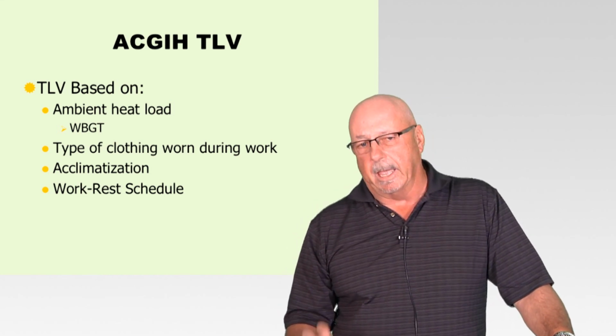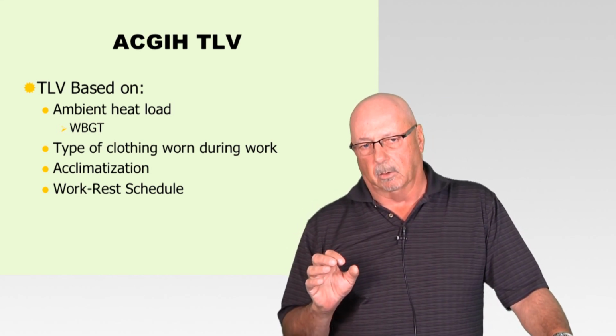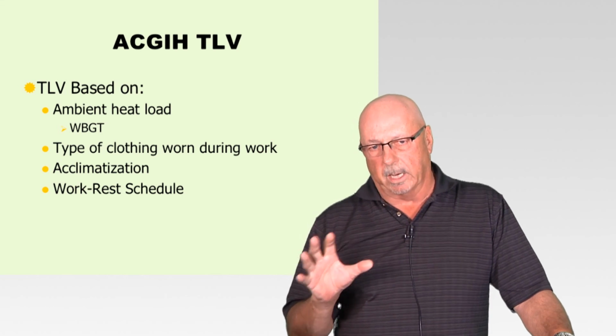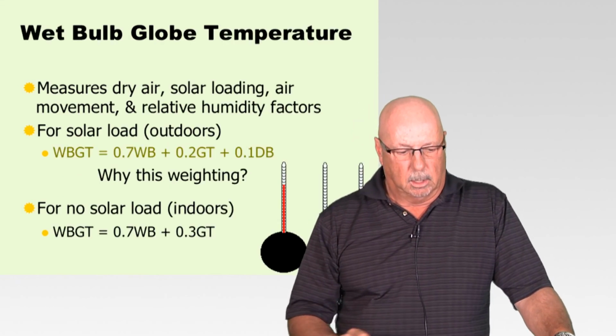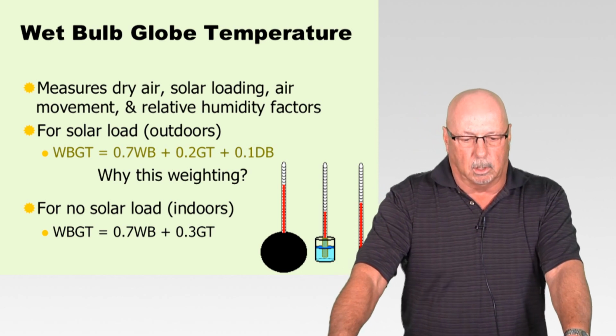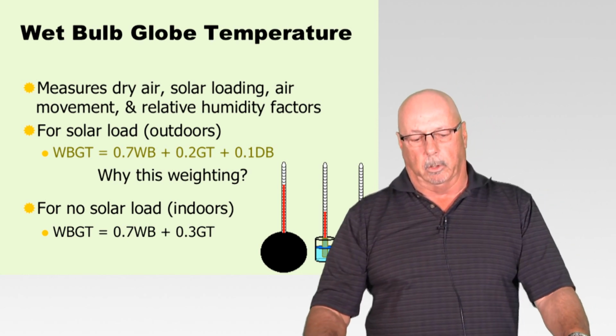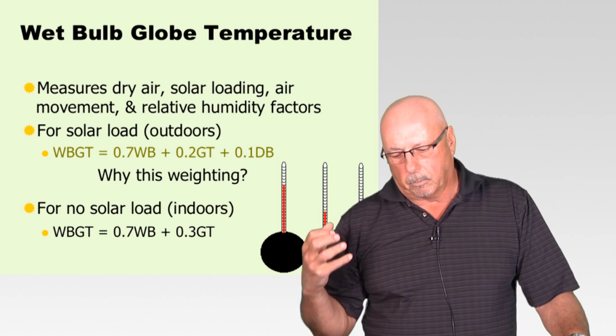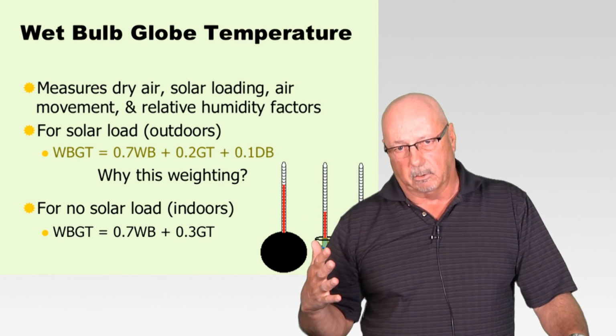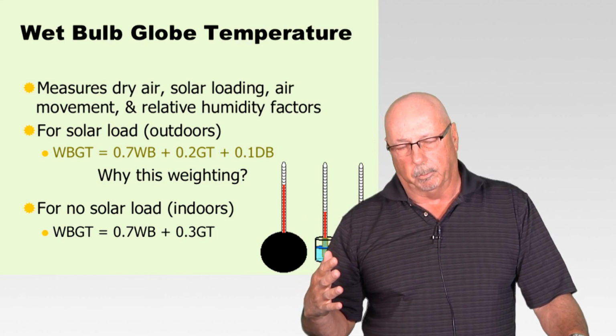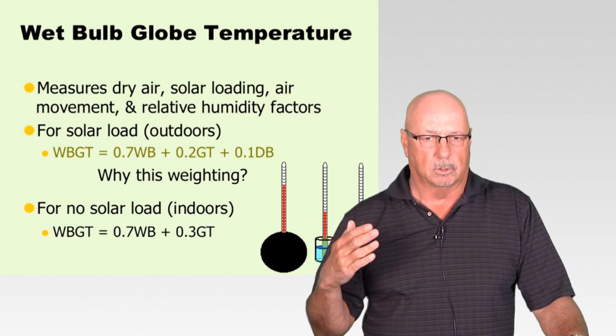And what ACGIH does is they've established, based on the workload, a work-rest regime schedule. And so what they do is they determine a wet bulb globe temperature by measuring the four factors, the environmental factors that contribute to heat stress.